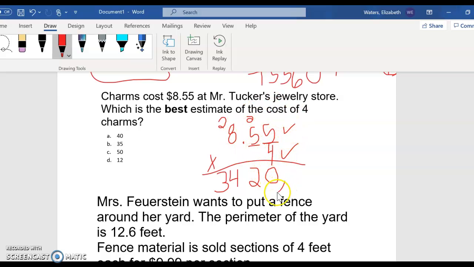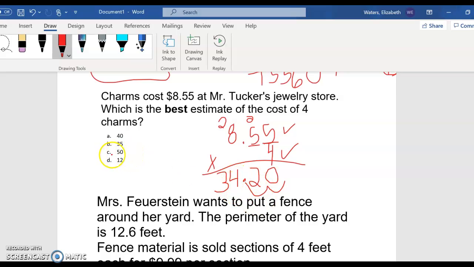So we need to have 2 numbers to the right of the decimal in the answer. So that's where our decimal goes. Now, that means our answer is 34 and 20 hundredths. So let's look at our choices and see which one of these is the best estimate. Well, 40, that's like 6 away. 35, 35 is pretty close.